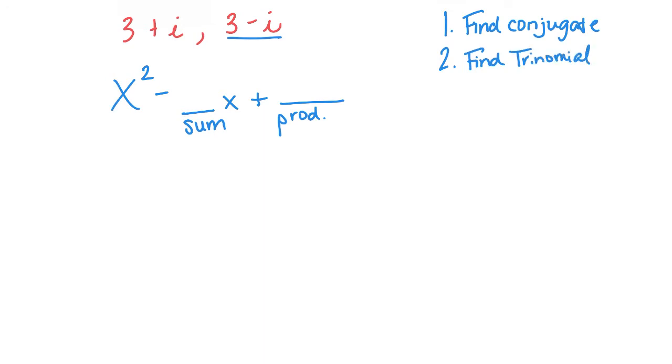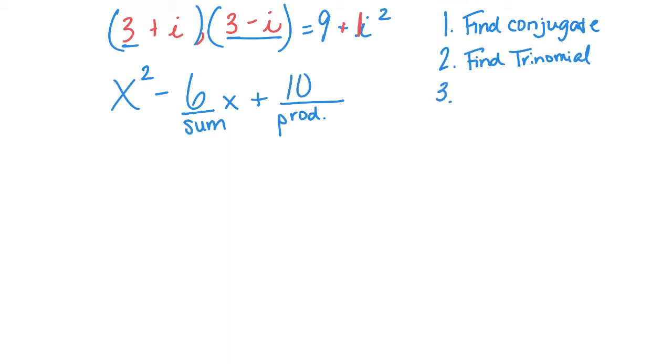So if I was to plug this in and add these, the i's would cancel out, and 3 plus 3 is equal to 6. And if I was to multiply these, 3 times 3 is 9. The outers are negative 3i, the inners are positive 3i, and my last term is minus i squared, which is going to be a positive 1, which gives me a 10.